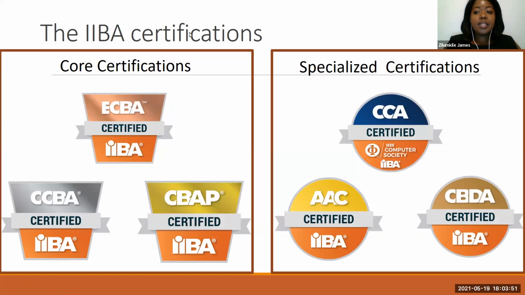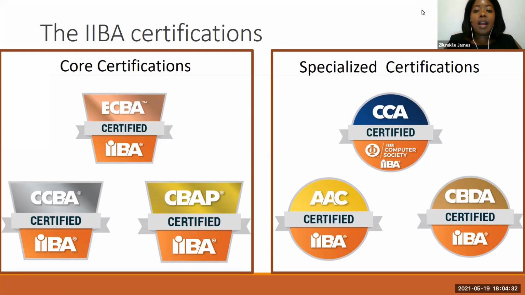So the IIBA has core and specialized certifications. The core certifications are the ones that are based more on the BABOK, and the specialized certifications are based on other perspectives. So the core certifications comprise the ECBA, which is the entry level certification in business analysis, the CCBA, which is the certification of capability in business analysis, and the CBAP, which is the certification in business analysis professional.